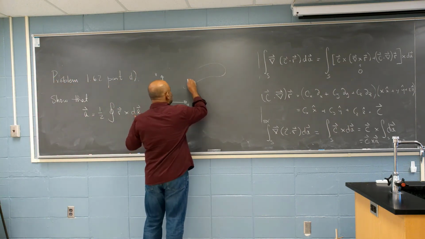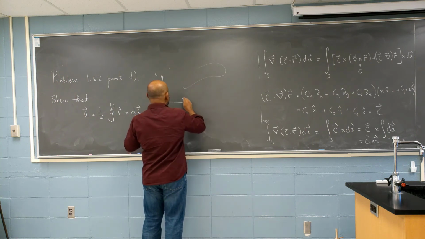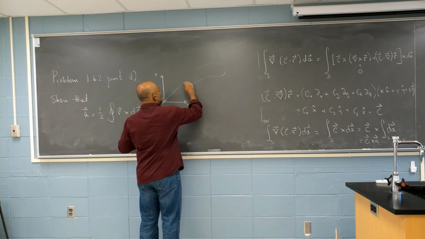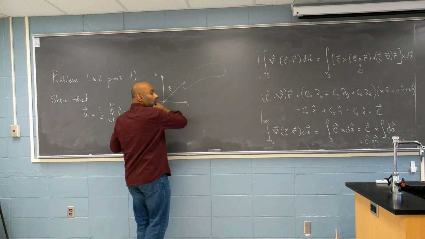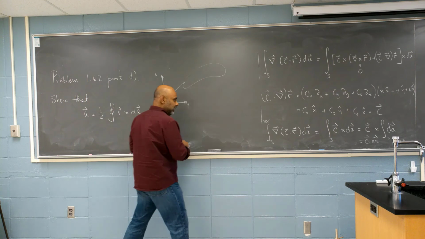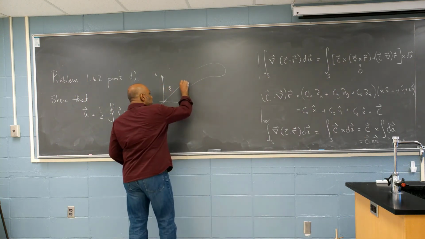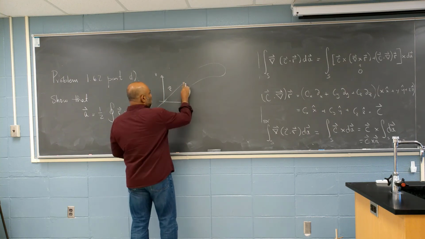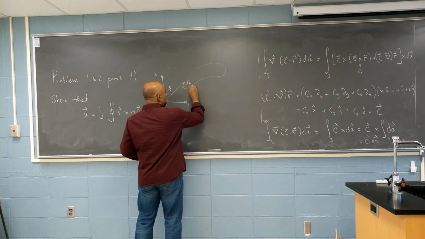DL, let me first do it this way. This is my vector R, and this is my vector DL. So I'm integrating this way.